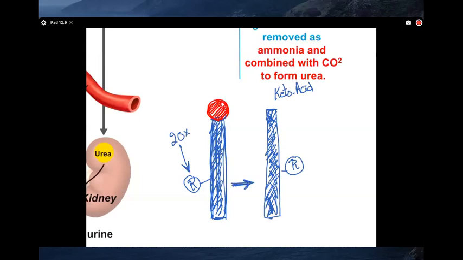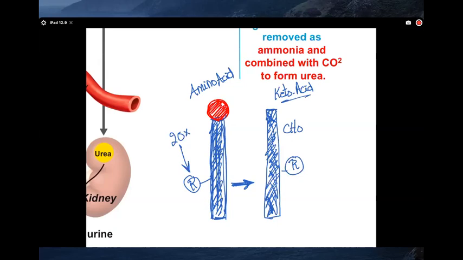So if I remove the amine group from an amino acid, it's going to be its keto acid. The key here is that this is a carbon, hydrogen, oxygen chain that I will deal with as if it was a glucose. So I will break it down. I can transform it into acetyl-CoA. I can get it in the Krebs cycle. I can transform it into fat, like what we've seen.